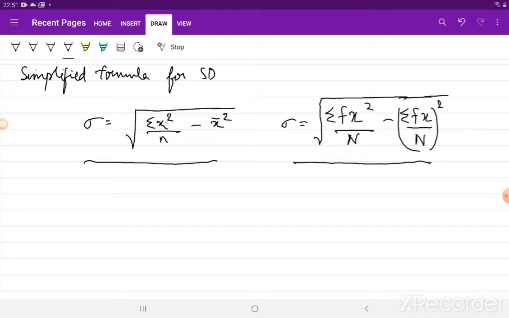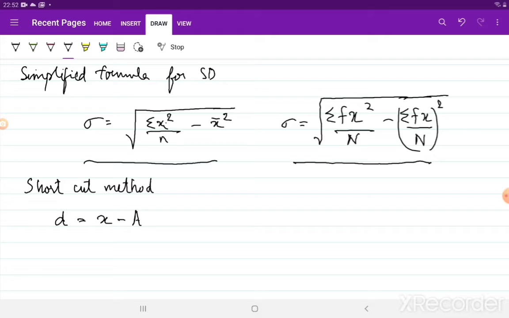So you can actually use the shortcut method. If you remember, even for the arithmetic mean, we have studied the shortcut method, where you calculate d, which is x minus a, that is deviation of the x from either an assumed mean or it could even be from the arithmetic mean.